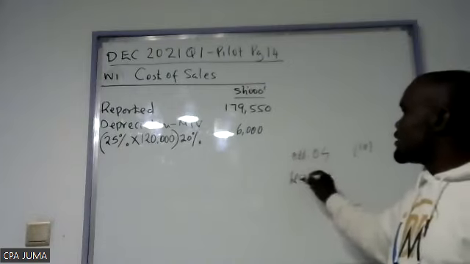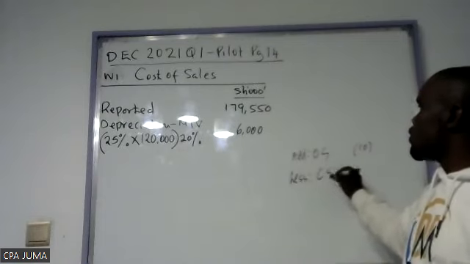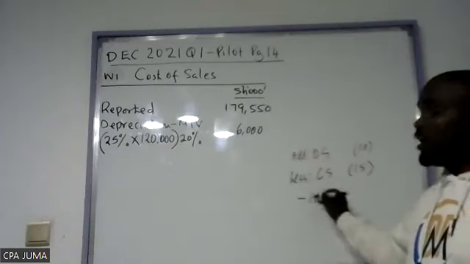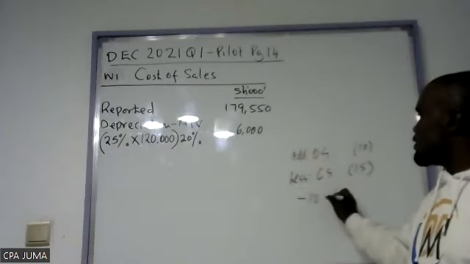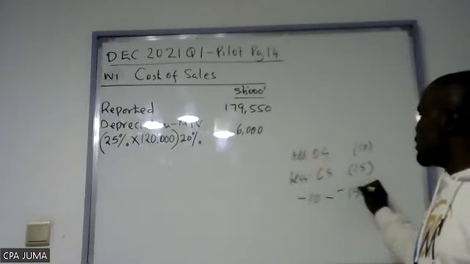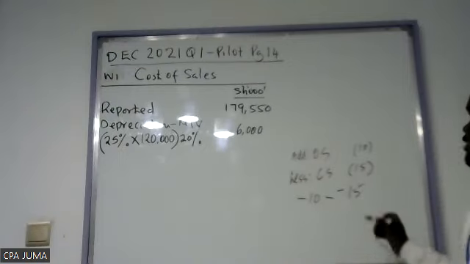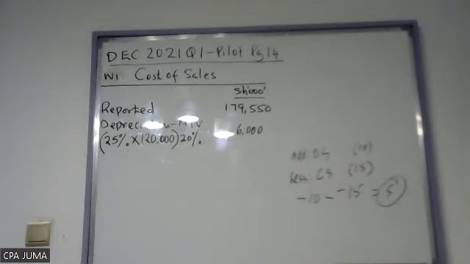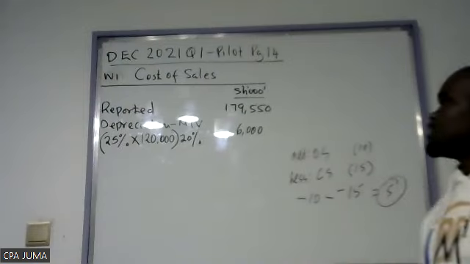Then we normally say less closing stock. So if you understate this, so if it will be minus 10 understatement, minus 15. So the net understatement will be just 5. Actually, positive 5, that is.